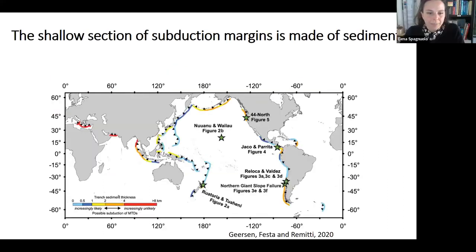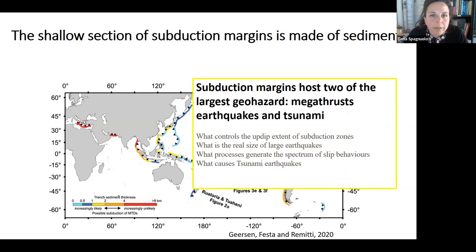So why sediments? Because the sediments constitute the shallow section of subduction margins. If you see this picture here, you can see also the thickness of these sediments in these margins. The thickness can be very, very large, also greater than 4 kilometers. And subduction margins are relevant because they host two of the largest geohazards, the megathrust earthquakes and tsunamis.